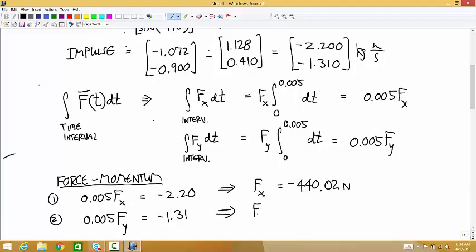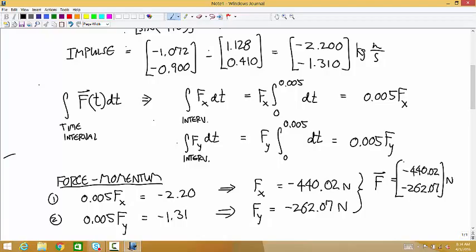So what do you get for fy? Negative 262.07. And so all that together says that the average force is equal to negative 440.02, negative 262.07, and those are in newtons.